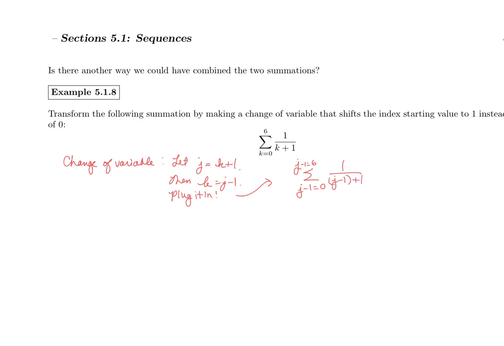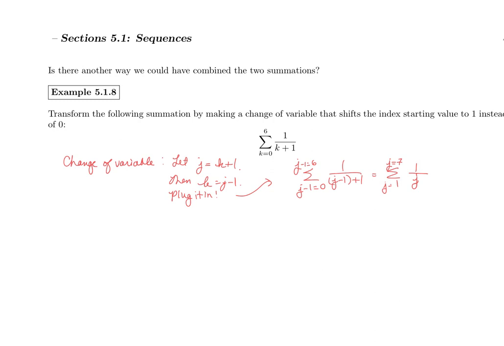So hopefully you can see this is already starting to get less complicated, because now we're going to have a sum, adding those ones to the other side, of j equals 1 to j equals 7 of 1 over, well, j minus 1 plus 1 is just j. And now we've adjusted this to being 1 to 7 instead of 0 to 6.